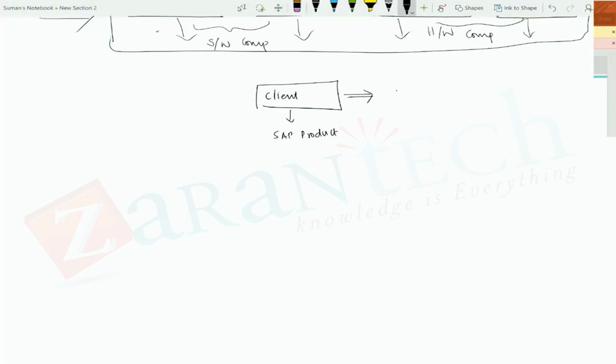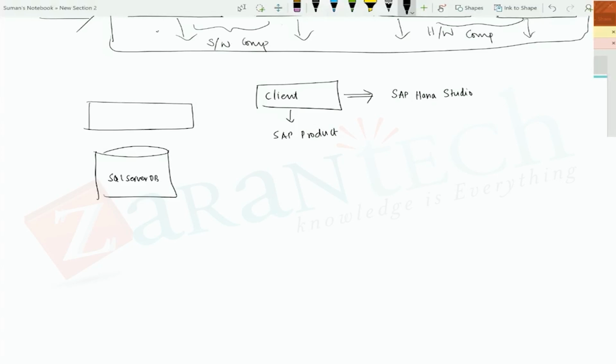To give you a perspective, we are going to be looking at SAP HANA Studio. People who are familiar with SQL Server, if you were to access your SQL Server database, typically you would use something called SQL Server Management Studio.